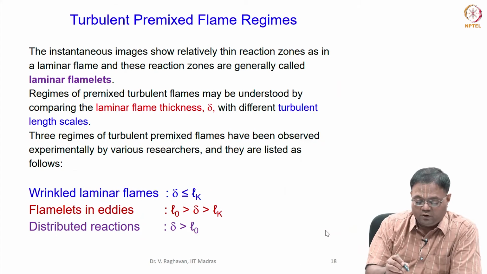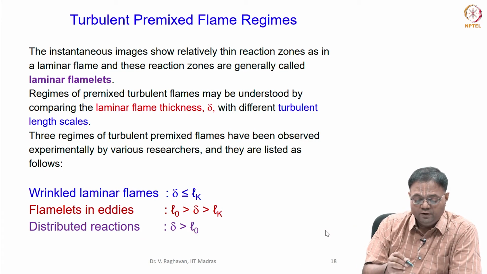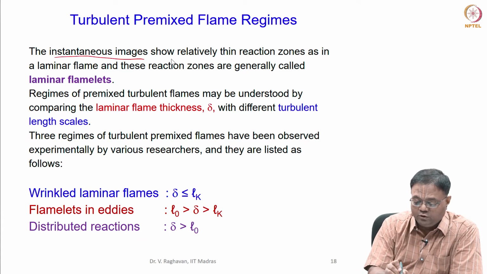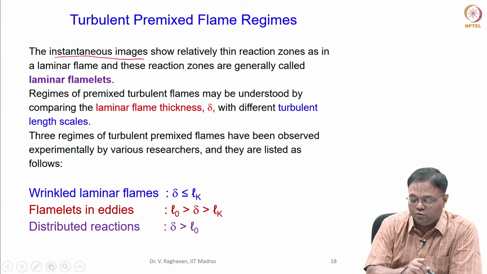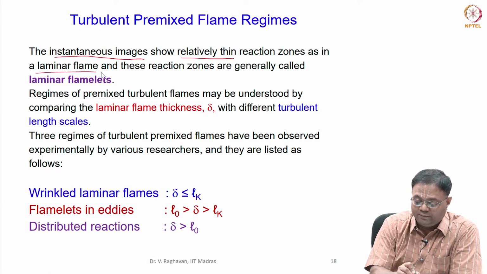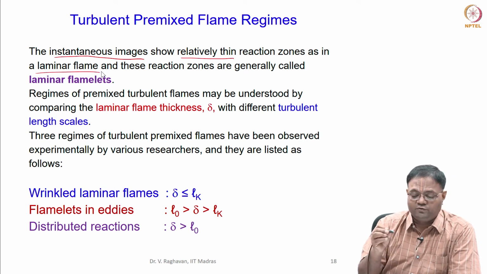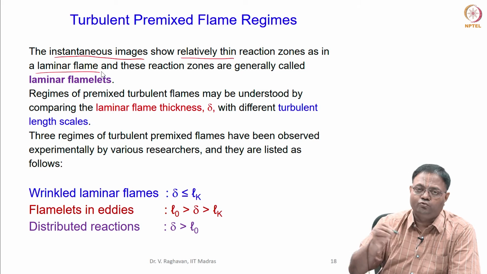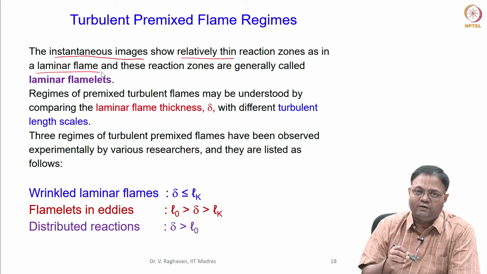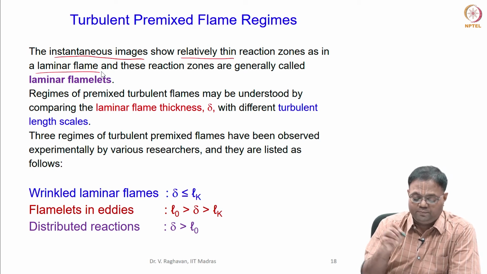Then we go to the regimes basically. So the instantaneous flame, as I told you, the instantaneous images we have shown are relatively thin, and represent a laminar flame, because this extremely thin reaction zone has a length scale smaller than the smallest length scale of turbulence. So eddies cannot penetrate the reaction zone.